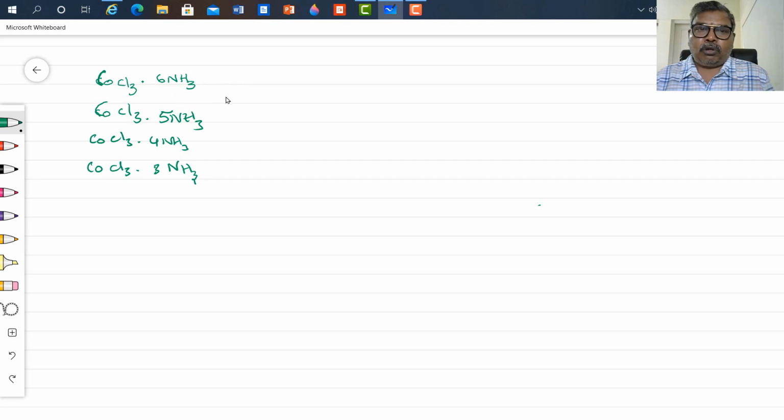he prepared 4 compounds. So this is called hexamine cobalt 3 chloride. This is pentamine cobalt 3 chloride. This is tetramine cobalt 3 chloride and triamine cobalt 3 chloride. So after passing ammonia gas into cobalt chloride solution, the solution is crystallized.